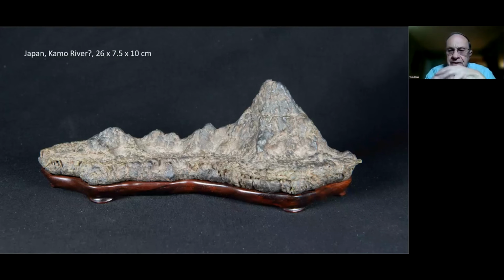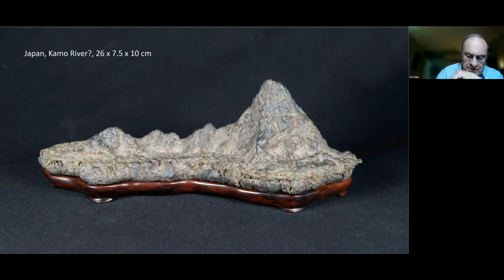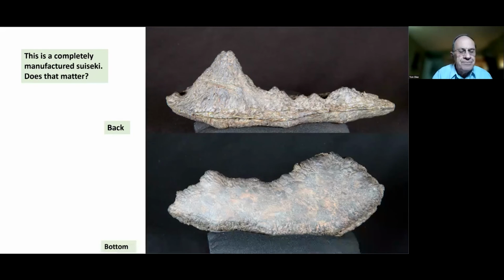Now we need to move on. This is a stone that I bought many years ago in Japan, maybe 15 years ago. And I saw it and I was impressed by this stone. There's one mountain peak, and then it comes down to a series of lower ones. And when I bought it from a very prominent figure in Japan, in the stone world, he said the bottom's been worked a little bit, but other than that, it's natural. And so later, I planned to exhibit this in a major exhibition.